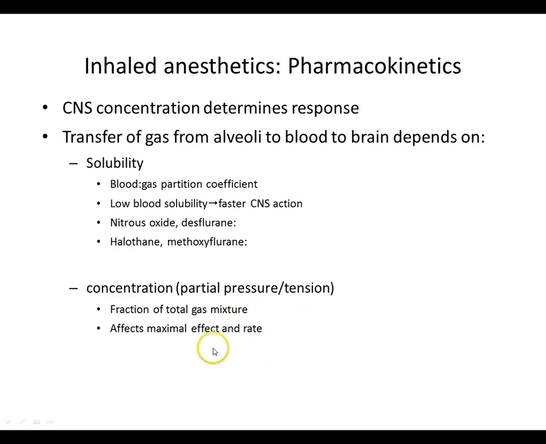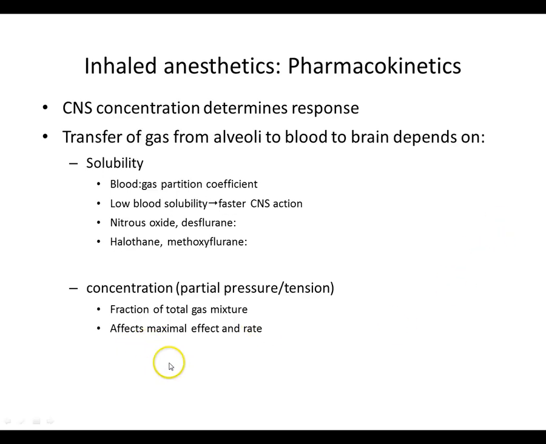Or this also can be reported as an absolute partial pressure. So for example, 760 millimeters of mercury is atmospheric pressure, and so if you had 50% nitrous oxide, that would also equal 380 millimeters of mercury.